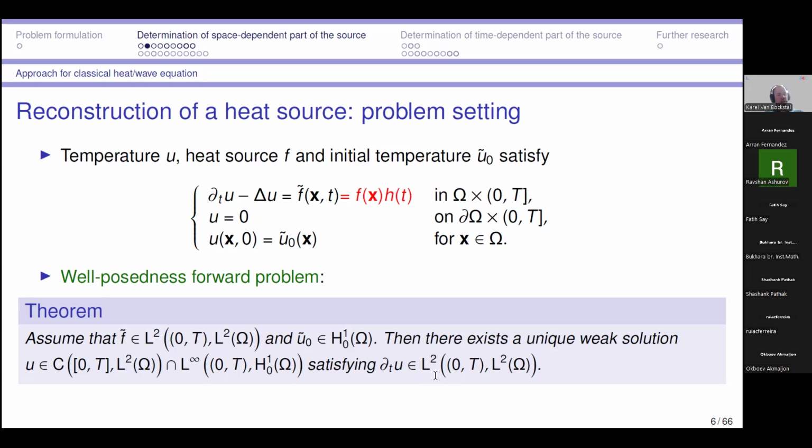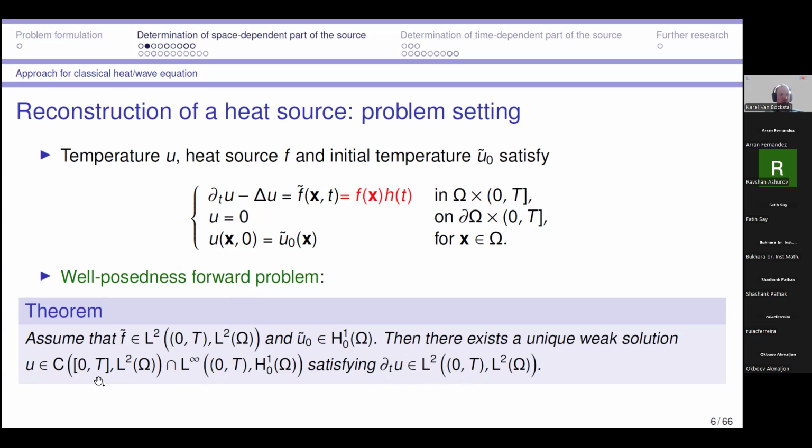And we will later see that this regularity of the time derivative is not satisfied for the fractional diffusion equation. There we will have that the time derivative of u is L¹ in the time variable.